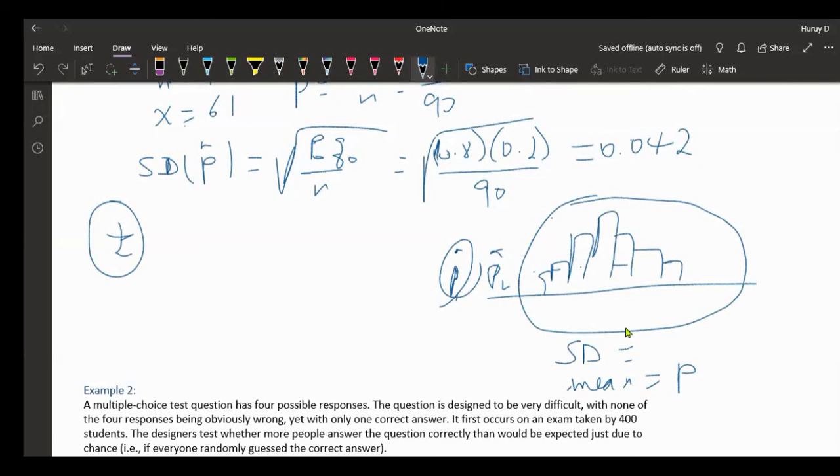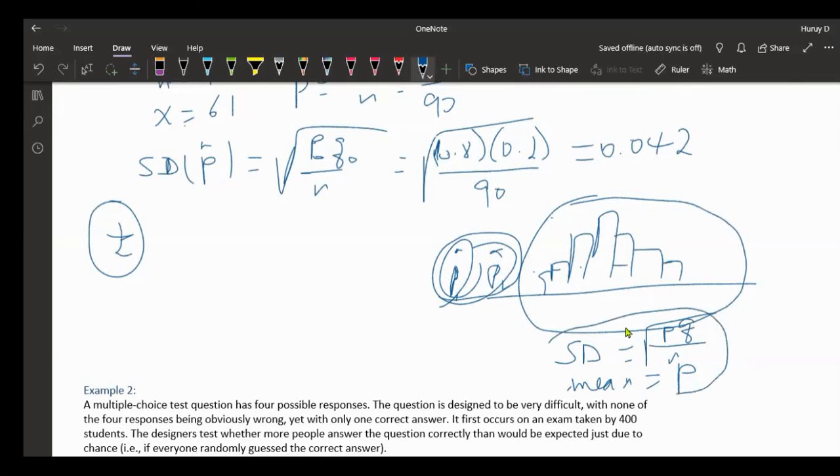Our new data is these p hats; hypothetically, we are assuming we can collect too many samples. And the standard deviation of p hats is given by the square root of pq over n.